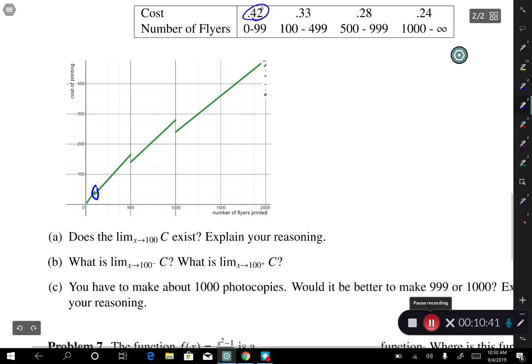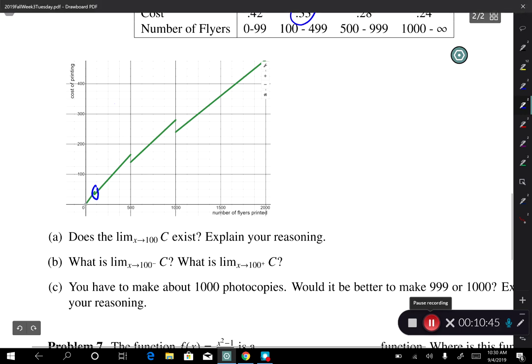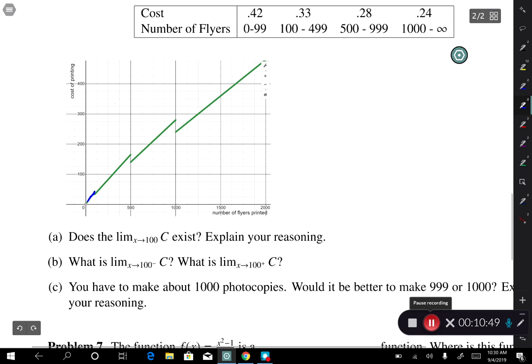Because at one point you're paying 42 cents per flyer, and then at 100 you switch to paying 33 cents per flyer. So the left-hand limit is the limit as x goes to 100 of 0.42x, whereas the right-hand limit is the limit of 0.33x as x approaches 100.